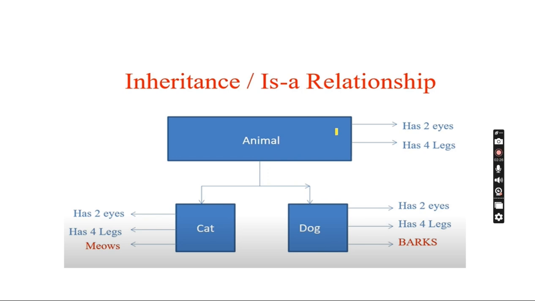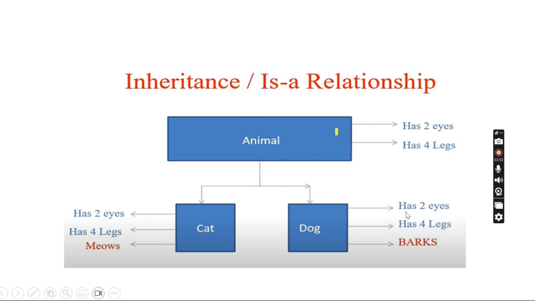parent-child relationship. Assume we have one parent and one child. The child extends some of the properties from the parent. For example, here we have animal. Most animals have two eyes and four legs. And we have child classes called cat and dog.